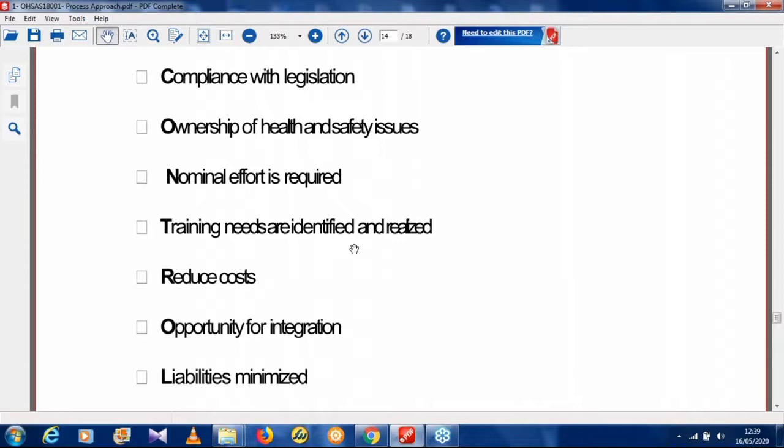Then opportunity for integration. You discover that it is now easy for you to integrate systems, integrate processes, to bring in other systems. Even for the organization, they can easily integrate with other higher or bigger organizations because they already have a standard practice.